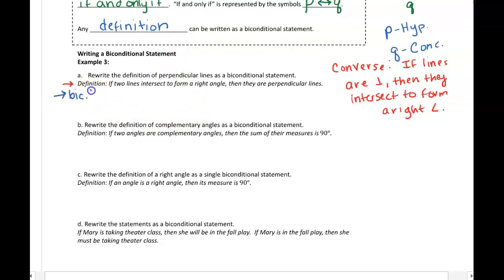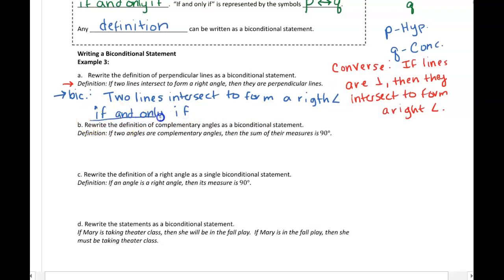So the biconditional statement would say: two lines intersect to form a right angle if and only if they are perpendicular. Here are the keywords right here, if and only if.